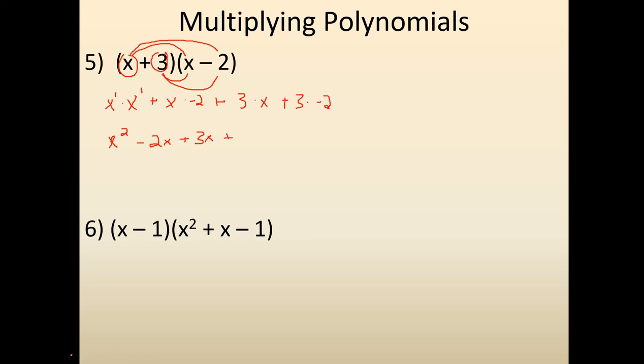And once again, I made the mistake of accidentally adding minus 6. Combining the 3x and the negative 2x, I get this as my answer.